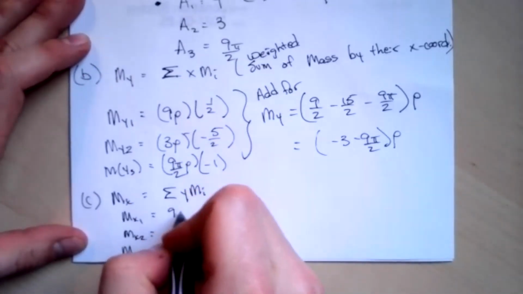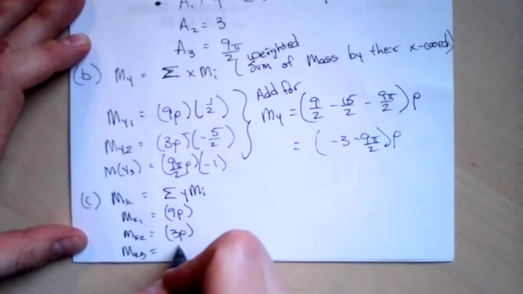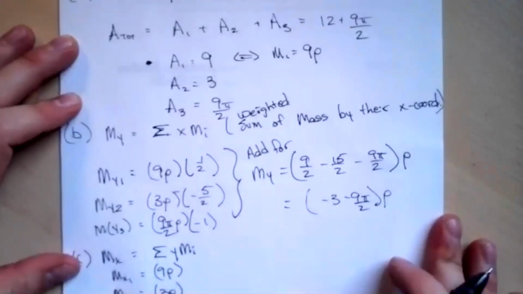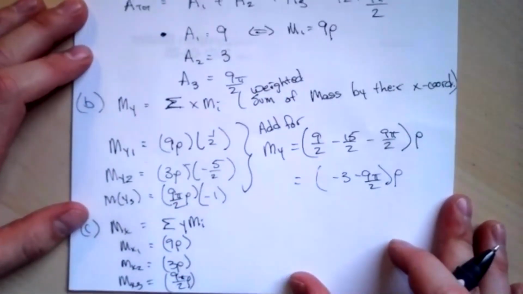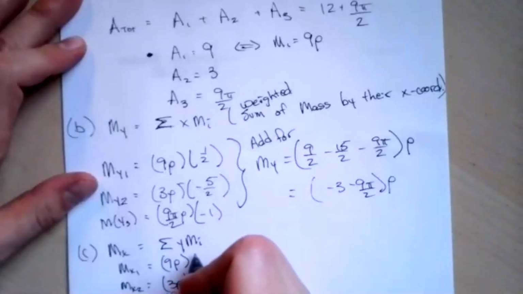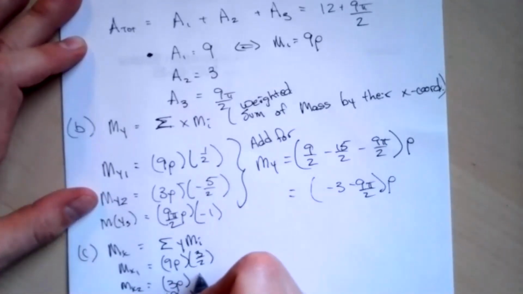So we're going to have 9 rho, 3 rho, 9 pi over 2 rho, and then weighted by each of their y coordinates. So mass 1, 3/2. Mass 2, 1/2. And mass 3 was minus 4/pi.